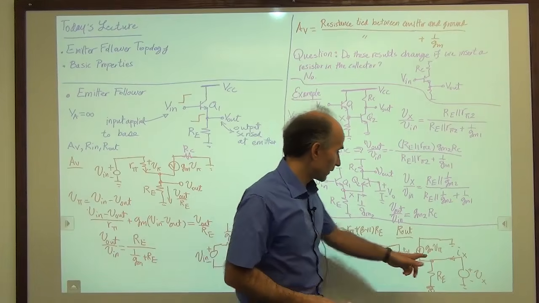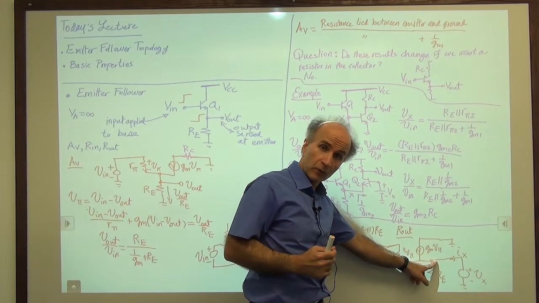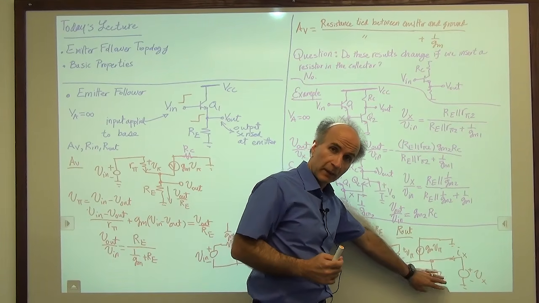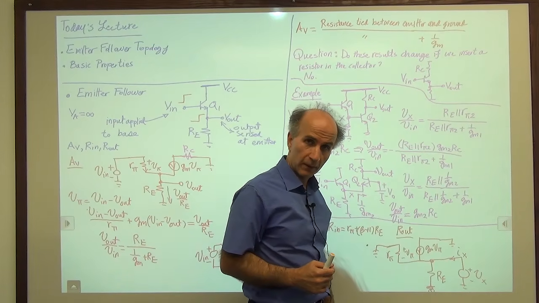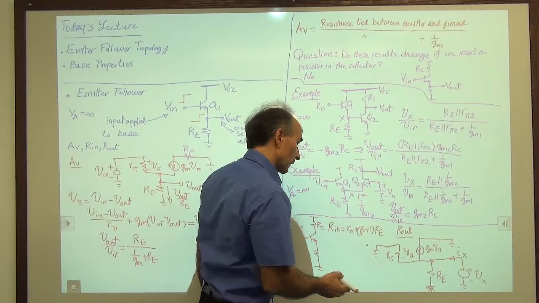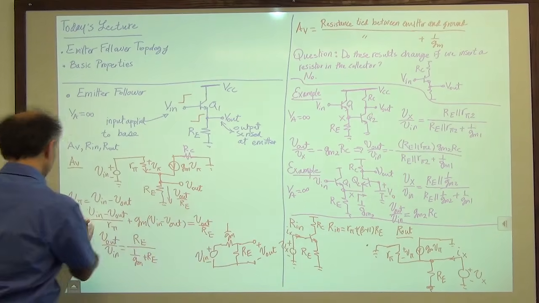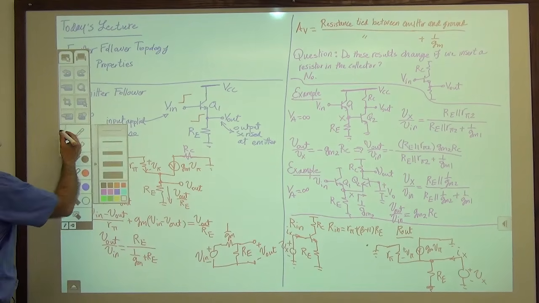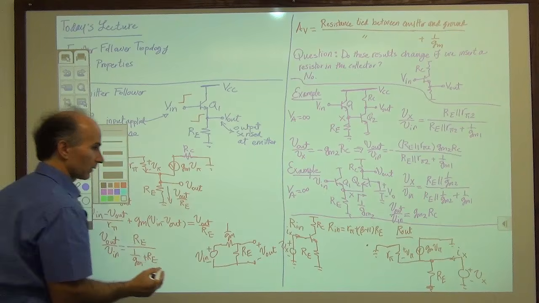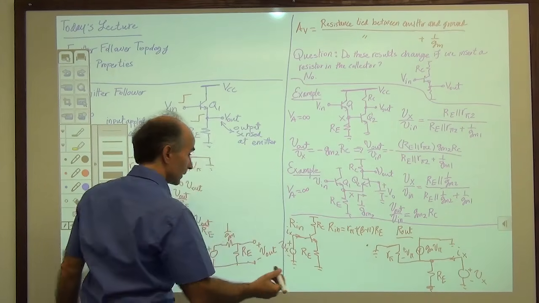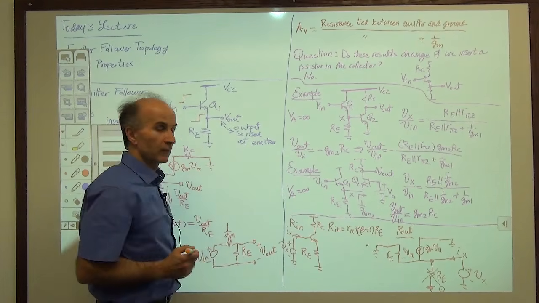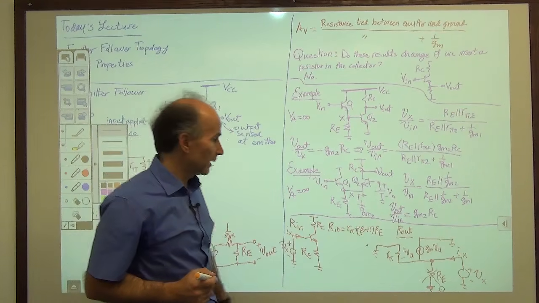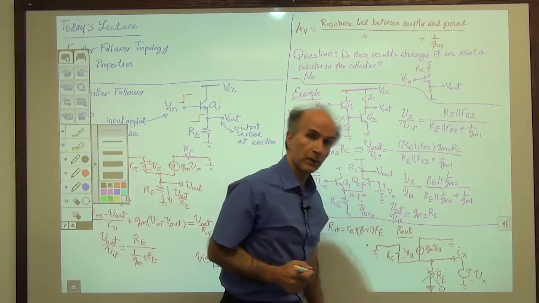Because whatever we're calculating from here is still with respect to ground, and if we take RE out and place it back in, the result will be the total output impedance. So I will gently cross this resistor out, but you remember that it's there, okay? It's there, and it's simply in parallel with the voltage source.